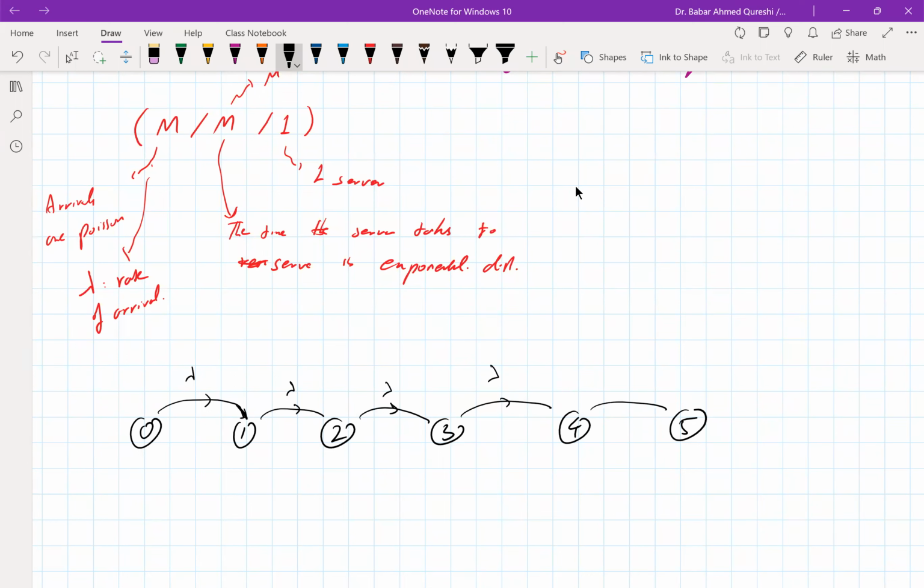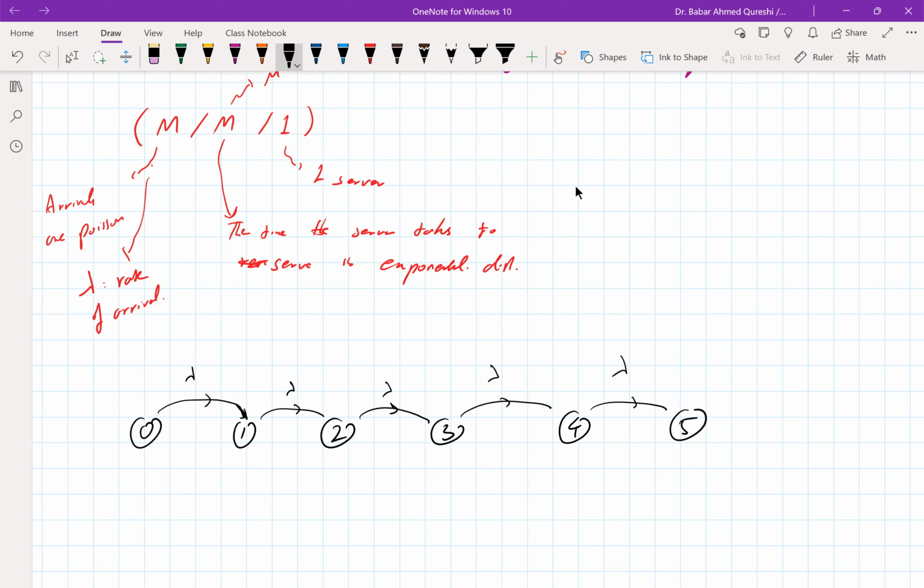So this is exactly what I described as the immigration into the population. There's a constant influx. There's a constant rate of lambda of births taking place, or in this case, customers entering.